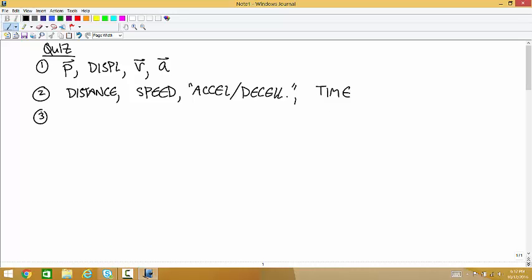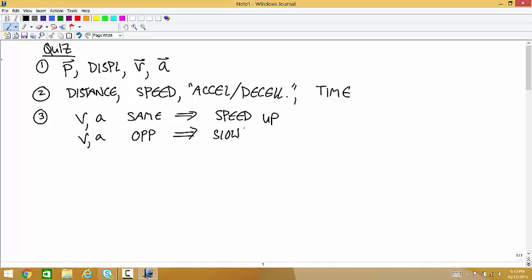The third one, for motion along a line, how do you know if an object's speeding up or slowing down? Velocity and acceleration in the same direction or the same sign means it's speeding up. And velocity and acceleration with opposite signs means it's slowing down.